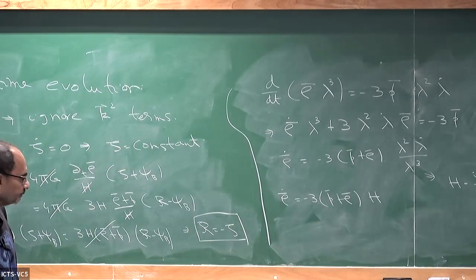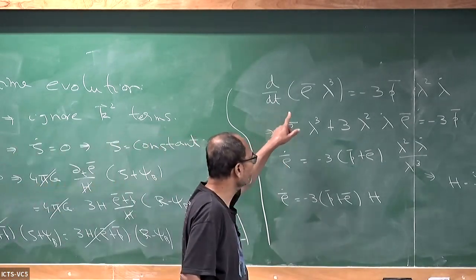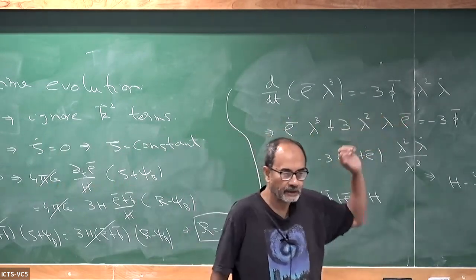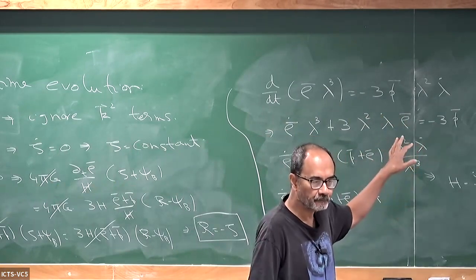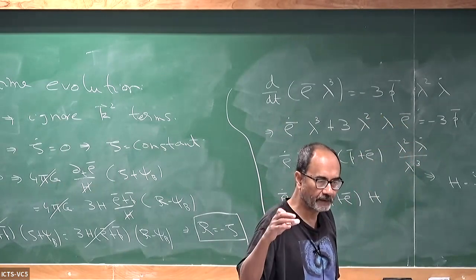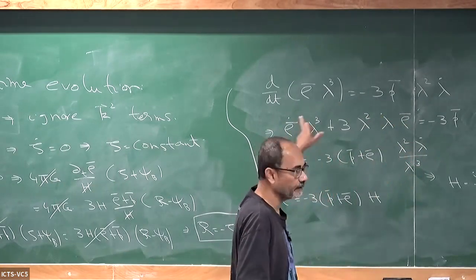How did we get d/dt of rho bar lambda cube? Oh, this was part of the FRW. When we studied the FRW, this is the energy conservation equation. We had lambda dot over lambda squared equal to 8 pi g over 3 times rho bar. That was one equation. The other equation was the energy conservation equation.